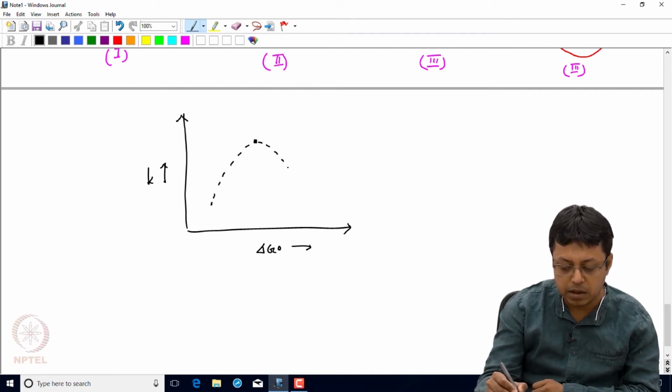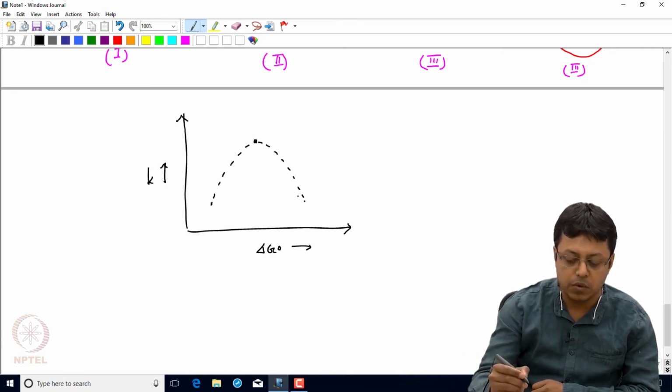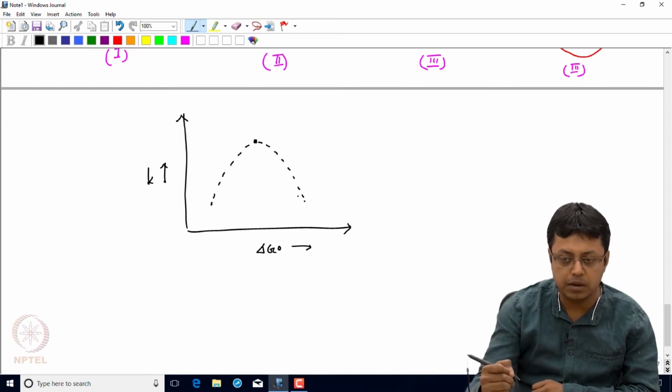But then again, if we keep on increasing the delta G0, in either direction, we'll have a drop in the reaction rate.